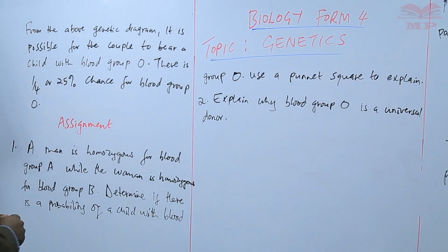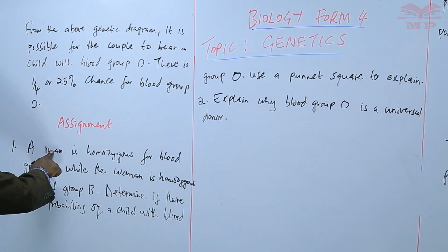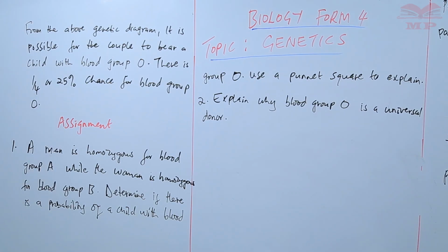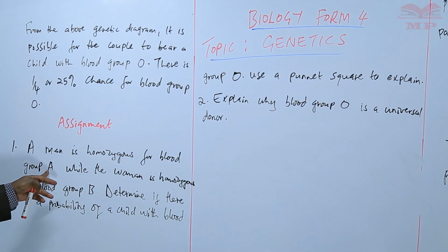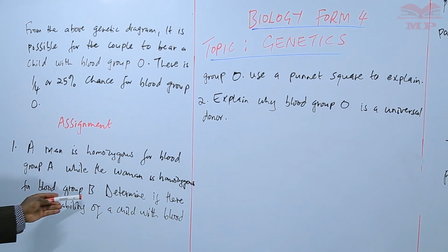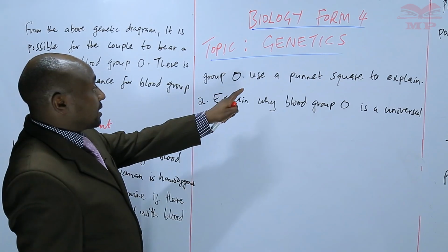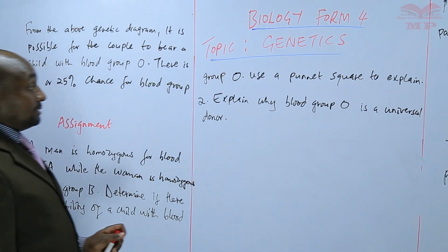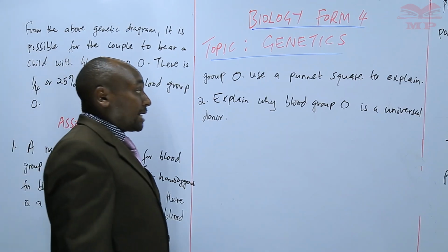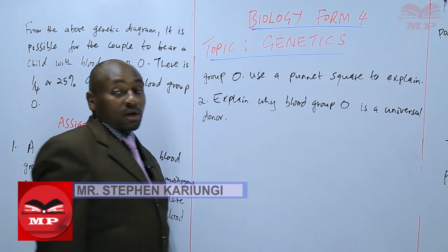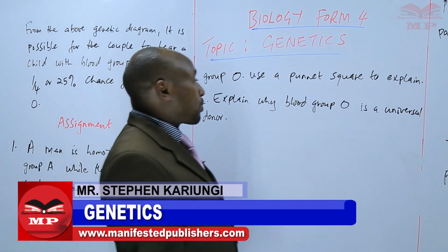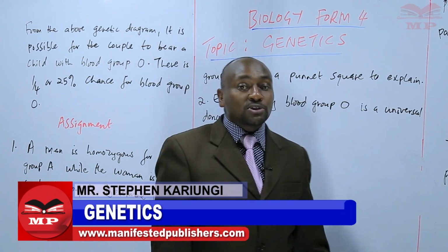The first question: a man is homozygous, that means the two alleles are identical, homozygous for blood group A, while the woman is homozygous, the two alleles are identical, for blood group B. Determine if there is a probability of a child with blood group O. Use a Punnett square to explain. Number 2, explain why blood group O is referred to as a universal donor.